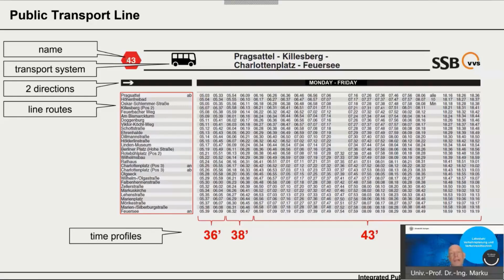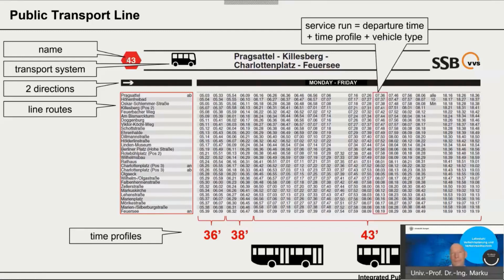So if you have something like that, you would have varying time profiles. Question is, is that something we want to consider in our optimization? Probably not. We probably stick to one time profile, but just showing you that reality sometimes is a little bit more complicated than what we may model.